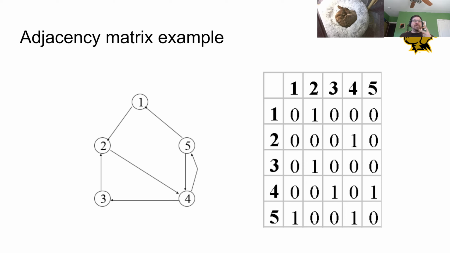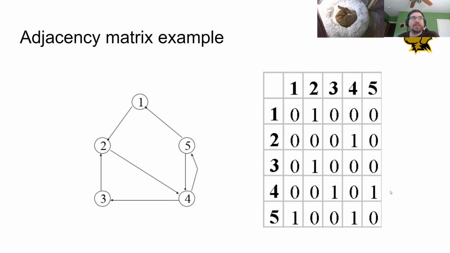It's two array lookups. All right, well, what about getting all of my neighbors? Say I want to get all of the neighbors of 4, meaning all of the things 4 connects to, I go down here and then I scan across this array. So what does this scale to?